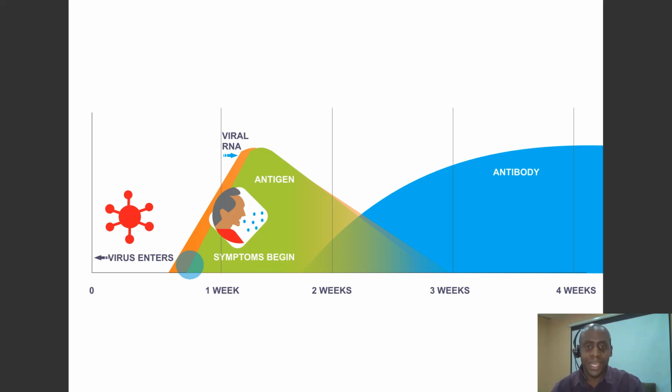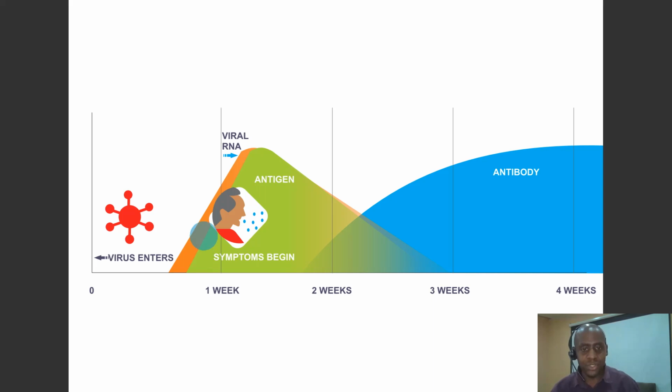We then get to this stage where the symptoms start to appear. As you can see, before symptoms start to appear, we've got two definite phases here. We've got the first phase, which is called the incubation phase, and then the second phase, where both the viral RNA and the antigen can be detected before symptoms.